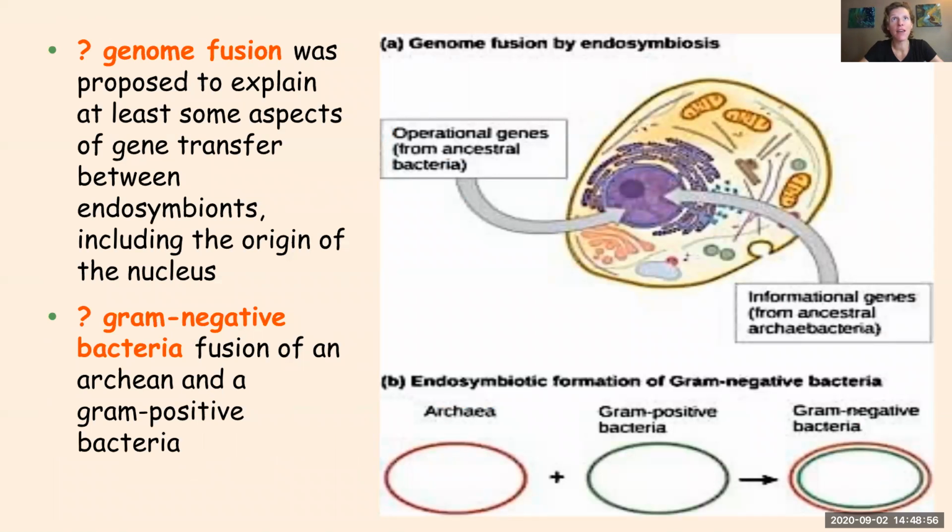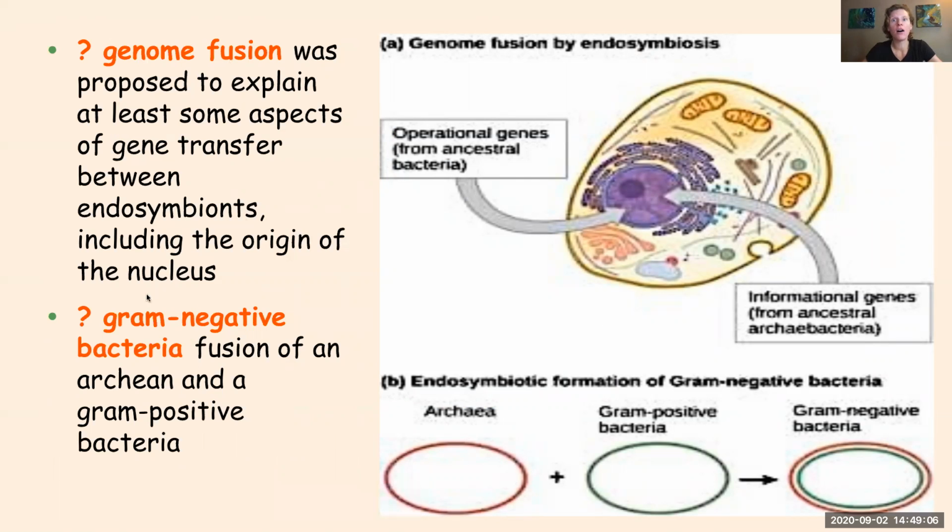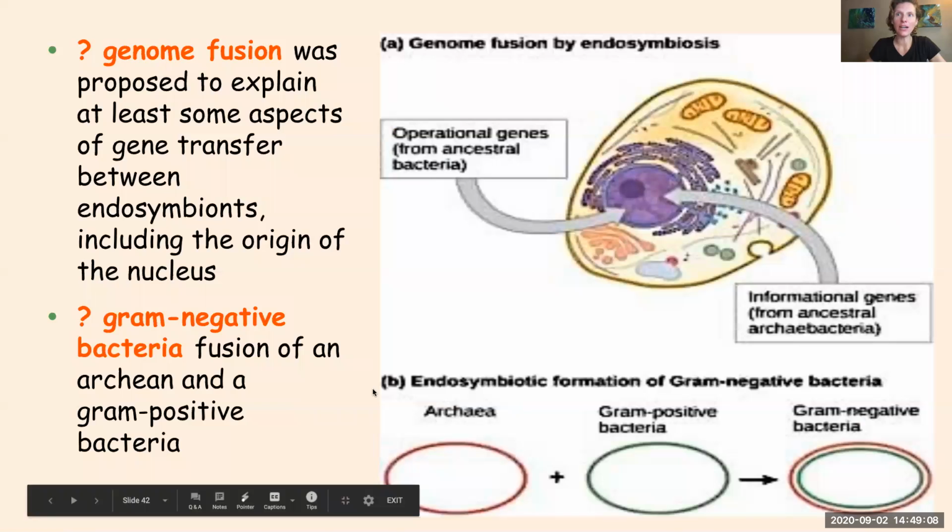Another example of that type of relationship, the endosymbiotic relationship, is genome fusion. So this is basically how the nucleus originated. Also, for bacteria, and you don't need to memorize this, there's a really big category of bacteria called gram-negative, and they actually have two plasma membranes.